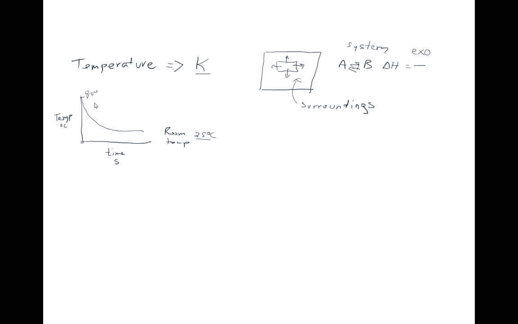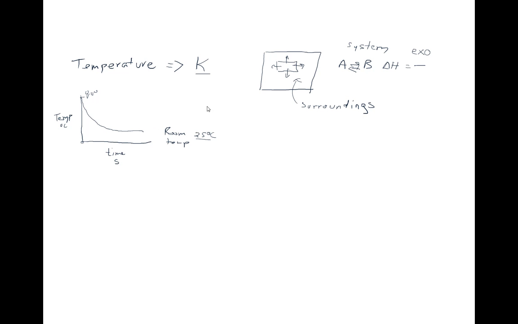And so remember that if two bodies are in contact with one another, in this case the water and the surroundings, heat will flow from the higher temperature to the lower temperature until they reach the same temperature. Initially this is faster because the water has more kinetic energy, but as we approach room temperature, there's not as big a difference in the kinetic energies, and we see this come to equilibrium.